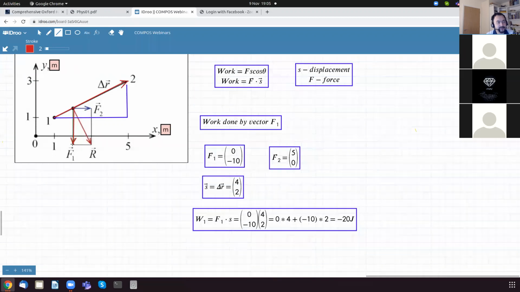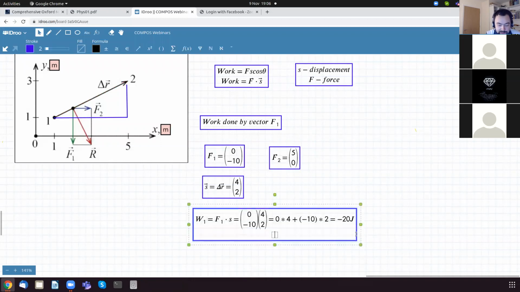This means that this force is actually slowing the object down. It's performing negative work on the body. It's like the brakes of a car: you're moving forward, the brakes are pushing you backwards. So the car brakes are performing negative work. This is what negative work means. It's reducing your kinetic energy.